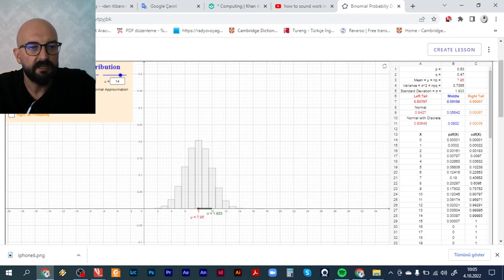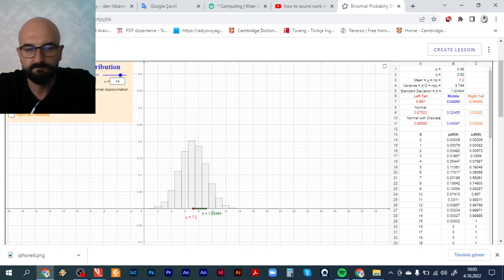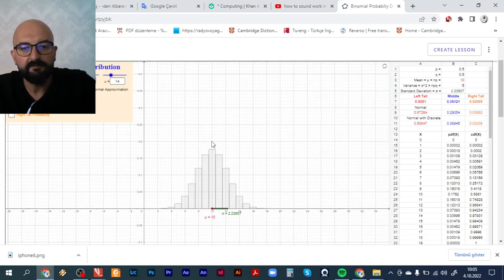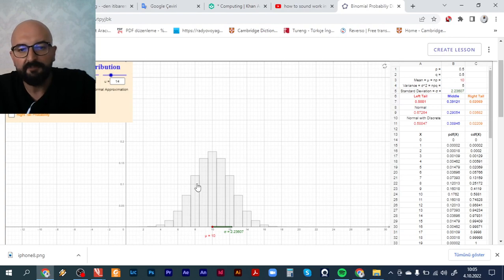I put 0.5 as the probability of success, and the number of trials maybe 20, and you can see the binomial distribution graph and the normal approximation to the binomial distribution.